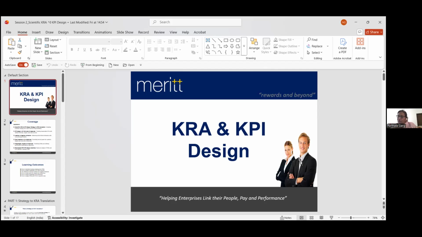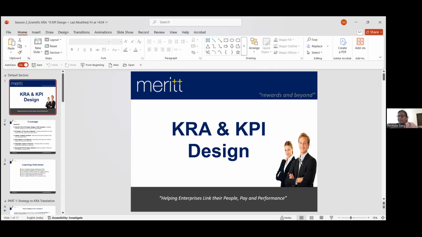Why only 4 to 5 when you have a job description of 2, 3, or 4 pages? The job description documents everything the person does, all the responsibilities and activities. In essence, all those activities result in just 4 to 5 broad result areas.